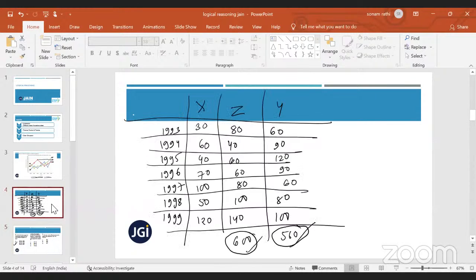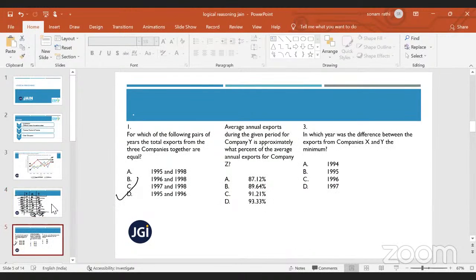So 560 by 7 is 80, and 600 by 7. Or you can directly write it like this: 560 by 7 upon 600 by 7 into 100.